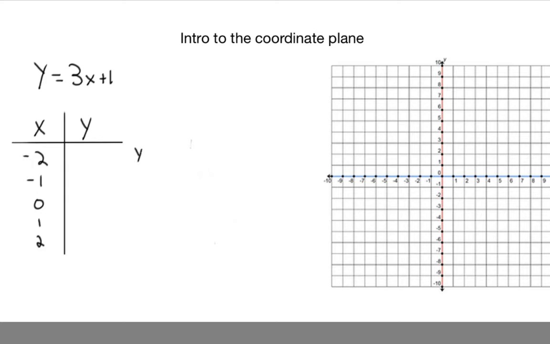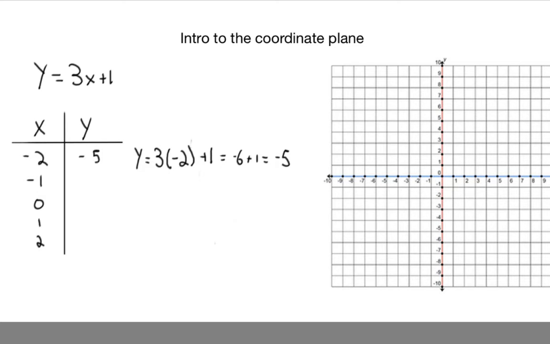When we have -2, y equals 3 times -2 plus 1, which is -6 plus 1, which is equal to -5.